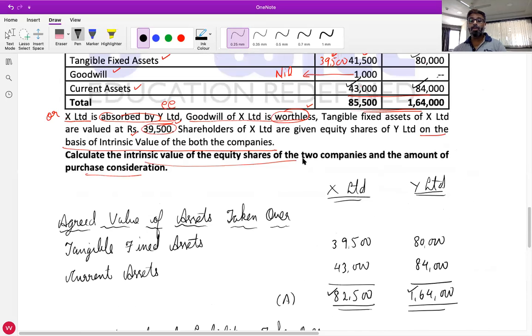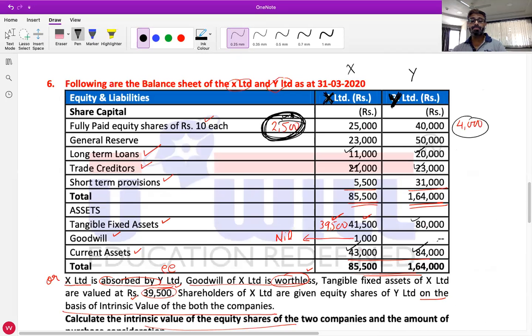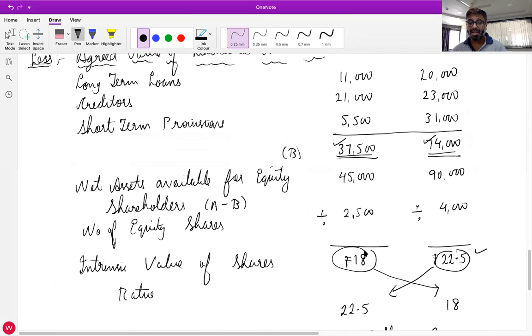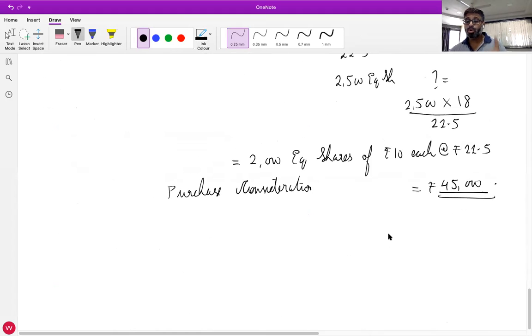How many shares are there in X Limited? 2,500, and their intrinsic value is 18. So 2,500 into 18, their value is also 45,000. But to give the same value of 45,000 for a 22.5 rupees share, we will give them 2,000 shares. Everyone understand that?